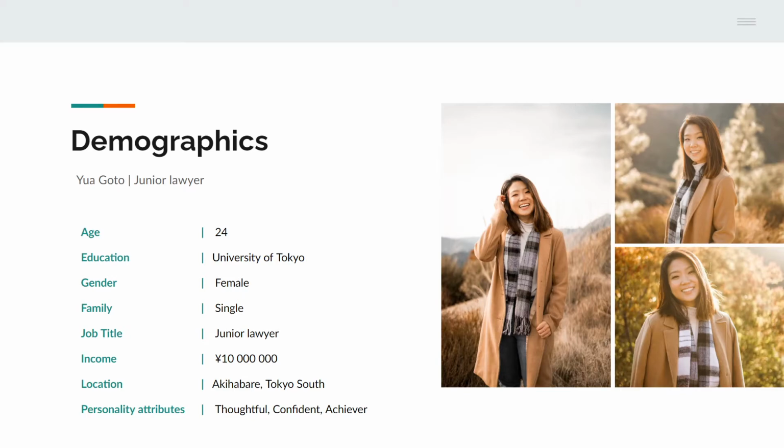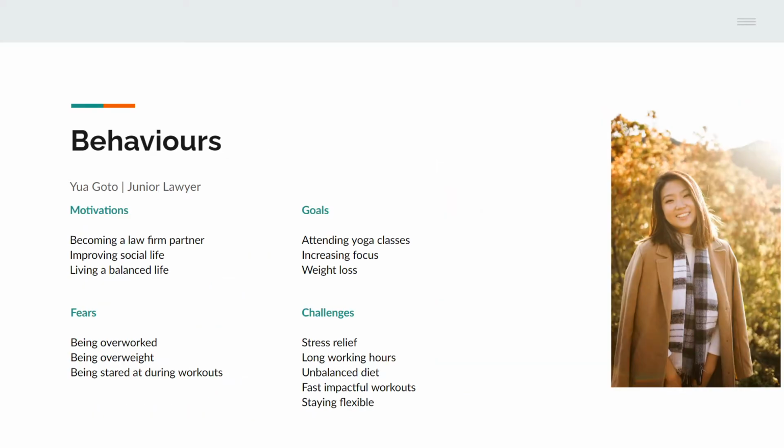So I also built up a profile for her. What she wants, she's more into weight loss, stress relief, and attending yoga classes. So she's basically trying to escape from her working life, and she's looking for a gym that's going to help her do that.